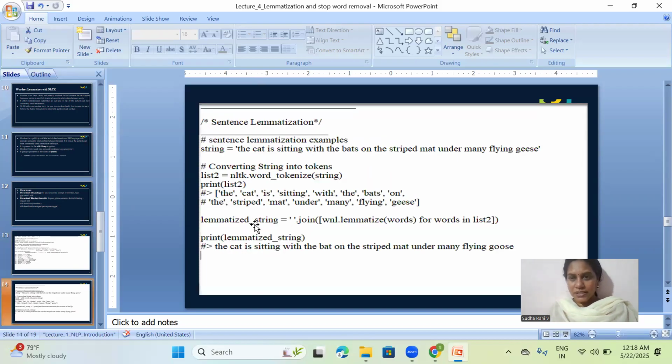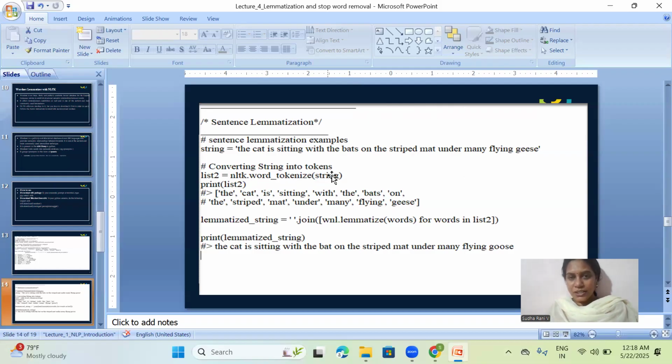Now let us see sentence lemmatization. Take the string: the cat is sitting with the bats on the striped mat under many flying geese. The complete sentence has to be converted to its root words by using the WordNet lemmatizer.